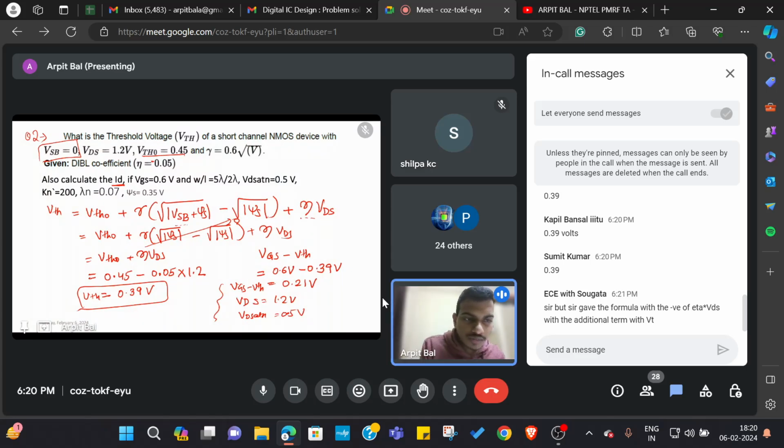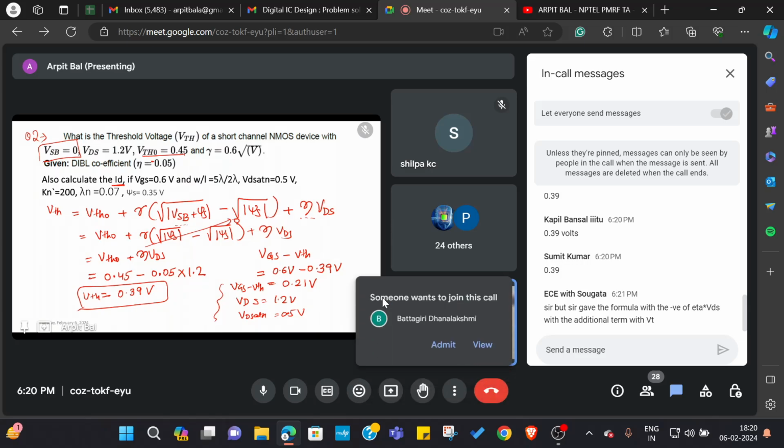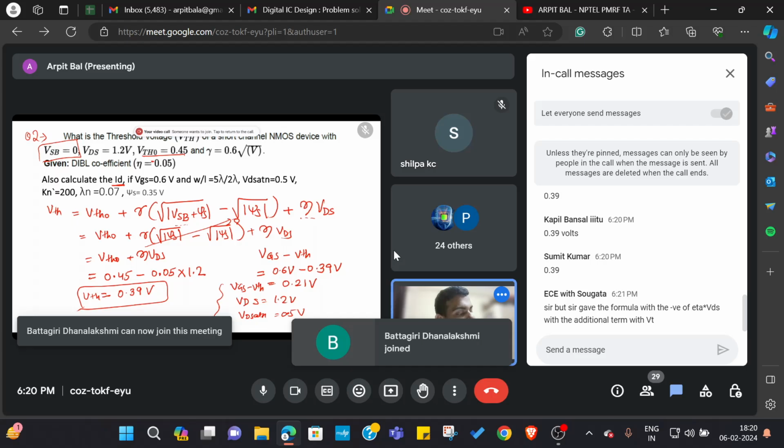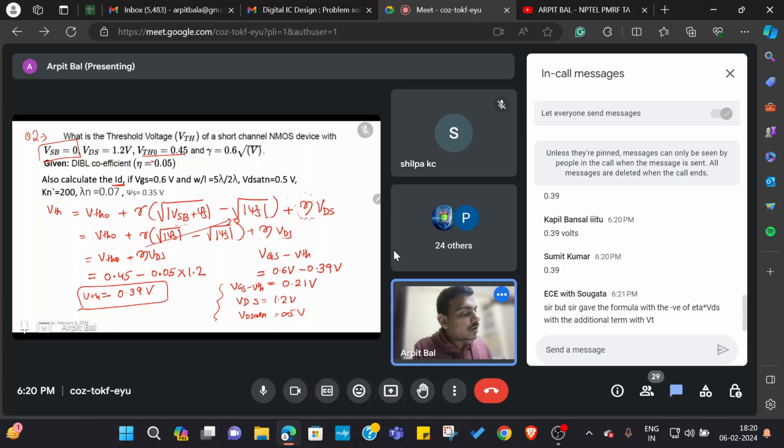Sir, give the formula as negative. Okay, yeah. What we need to understand at this point is that this eta is going to be negative. If you directly consider eta to be negative, you can put it as minus and take the mod value of eta, that is 0.05 into VDS.